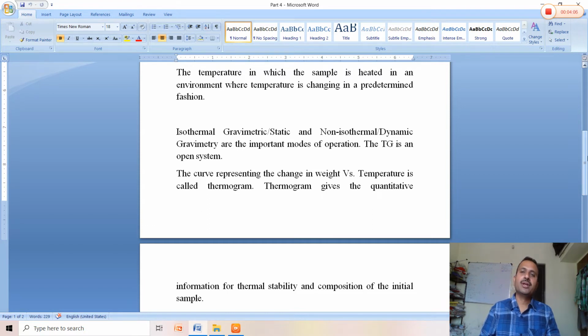Here is a typical thermogram. In this way we get the curve, and this thermogram gives the quantitative estimation of the thermal stability of the sample and the composition of the initial sample. So what is the composition of the initial sample and what is its thermal stability? Both are determined with the help of the thermogram.